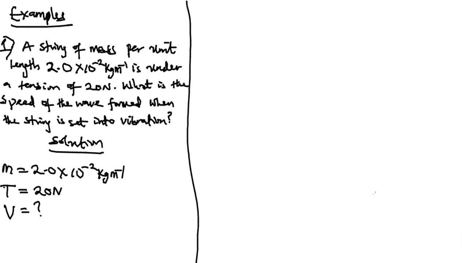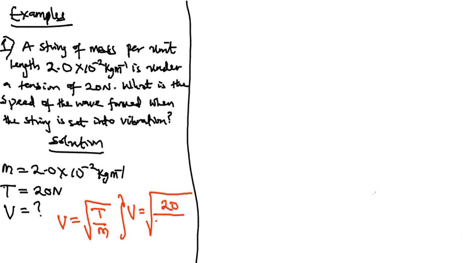So therefore V is equal to the square root of tension over mass. Okay, tension over mass. So what does that tell us? That tells us that the velocity we are looking for is equal to the square root of 20 over 2.0 times 10 to the minus 2.